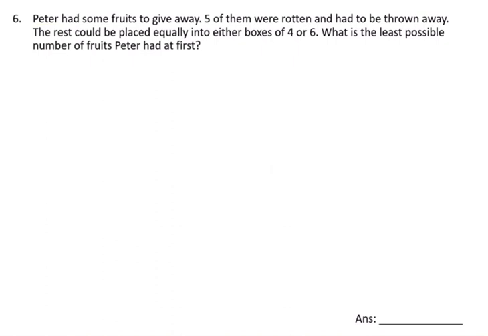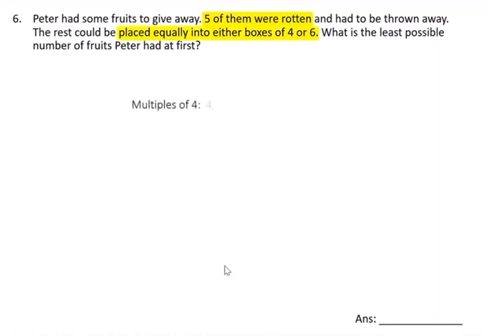Okay, wait, let me check. So that means 5 of them were rotten and had to be thrown away, and the rest could be placed into either boxes of 4 or 6. Remember, it's after you throw away 5 that you put the remaining fruits into either boxes of 4 or 6. So we're looking at multiples of 4 first.